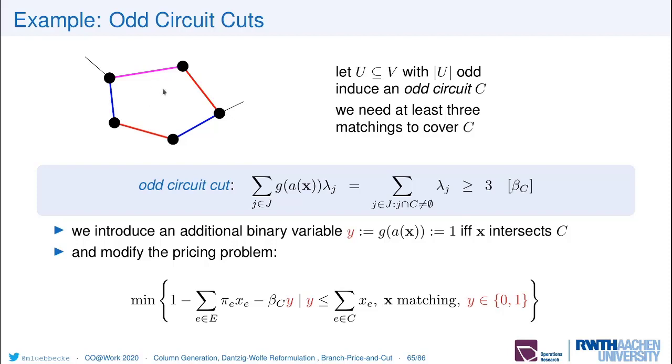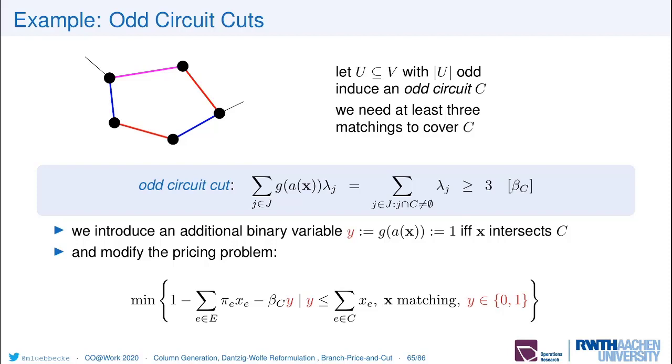That means that from all the matchings in the graph, we would have a red edge matching here, a blue edge matching, and a magenta edge matching somewhere in the graph. And from all the matchings that intersect that cycle, we need to take at least 3.